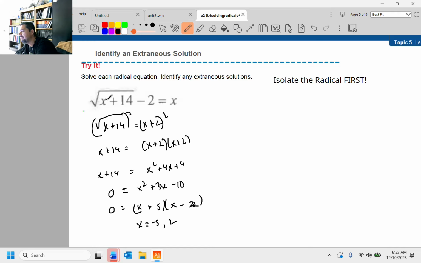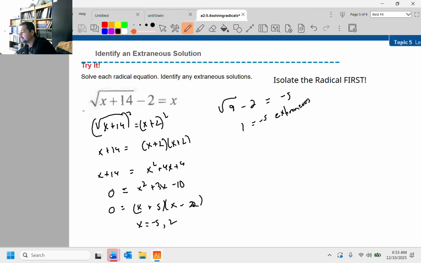So if x is negative 5, this is going to say the square root of negative 5 plus 14 equals negative 5 plus 2. That's going to be 9 on the left, so 3 equals negative 3. That is obviously extraneous.